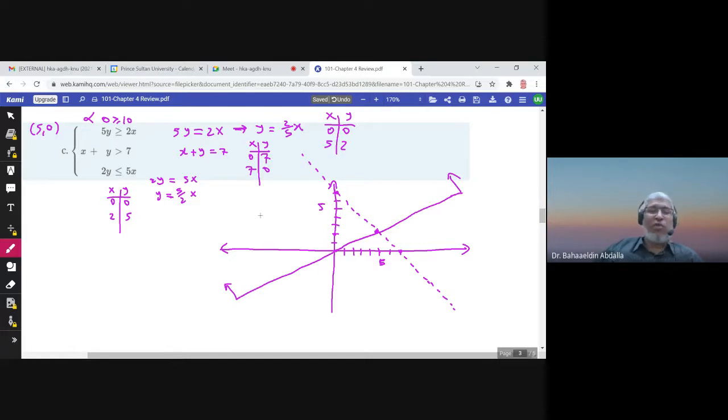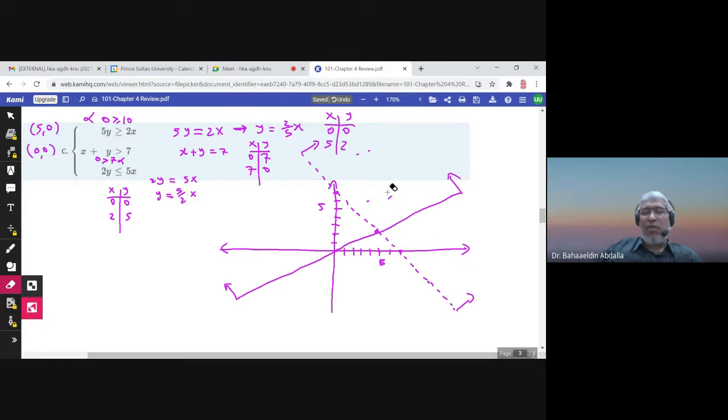Is 0, 0 included or not? 0 plus 0 greater than 7, that's not correct. 0 greater than 7, that's not correct. So 0, 0 is not there, so the graph is to the right. So now I know that the graph is here in this region.